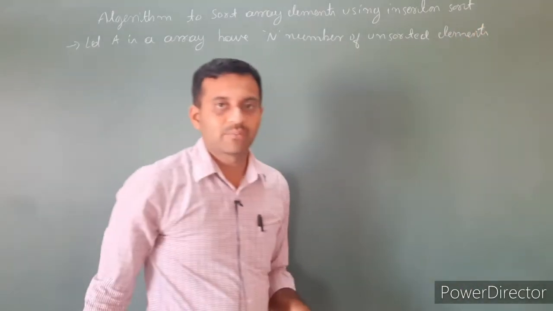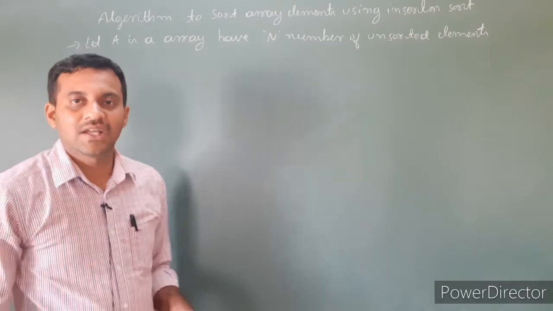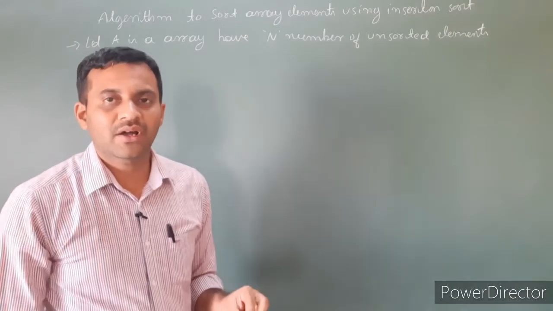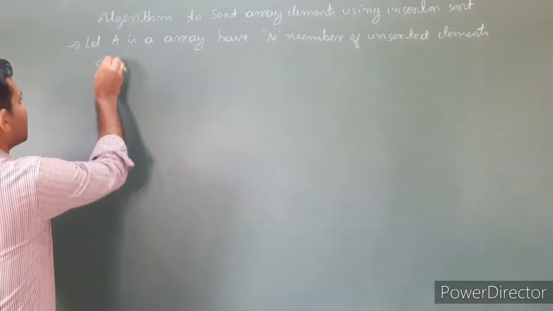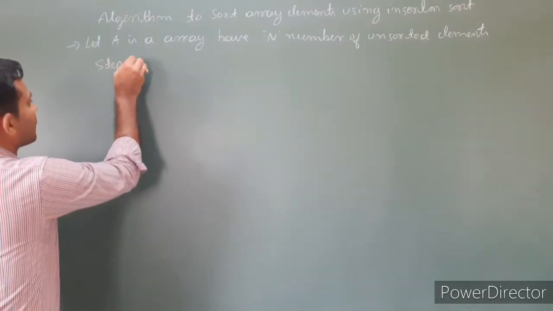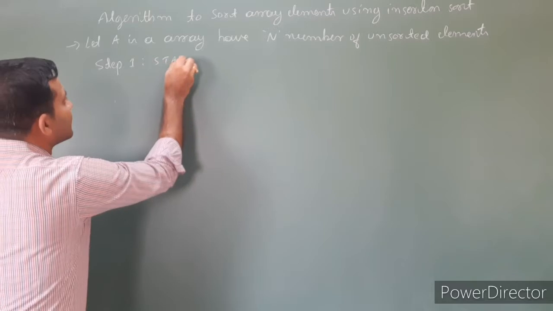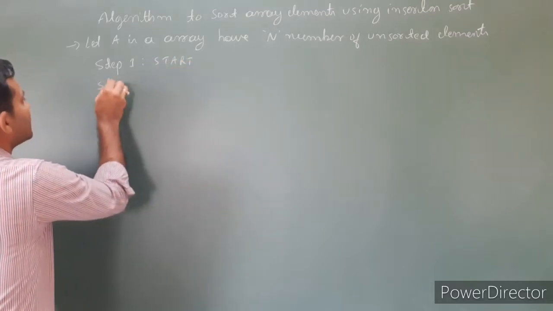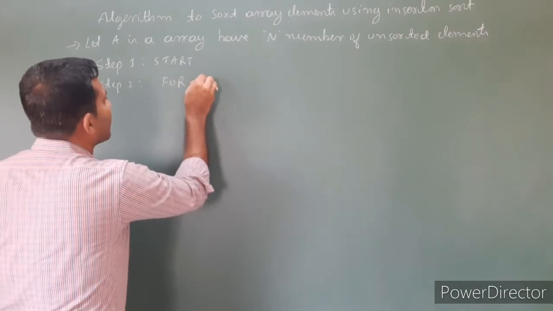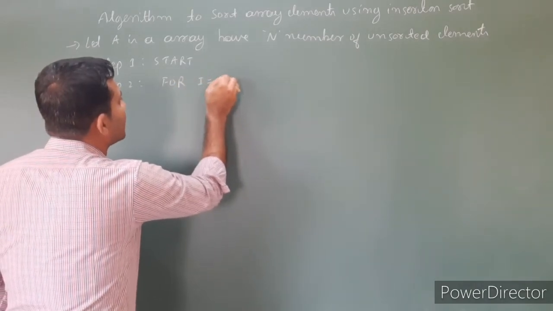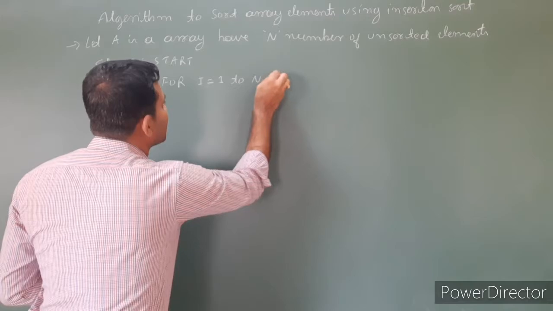So it is a preparation where A is the name of the array, having n number of unsorted elements. Let's see the steps. Step 1, beginning of the algorithm. Step 2, for I equals 1 to n minus 1.